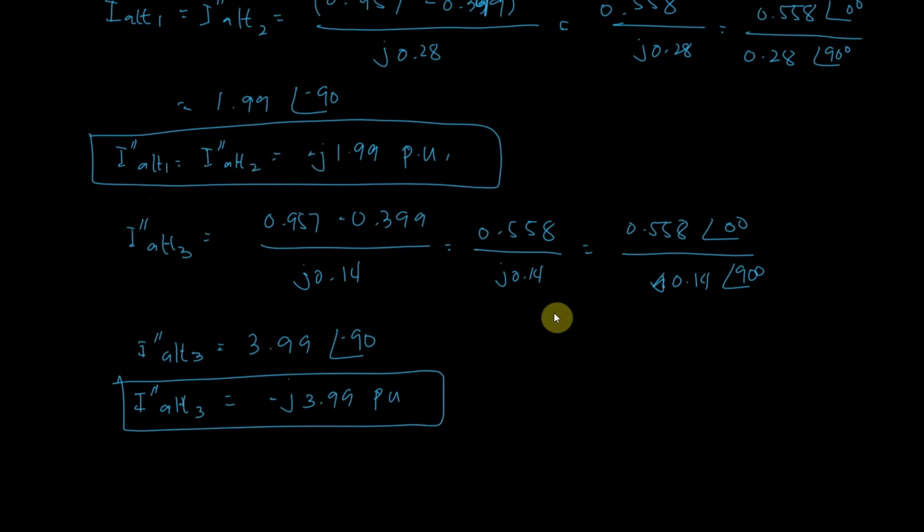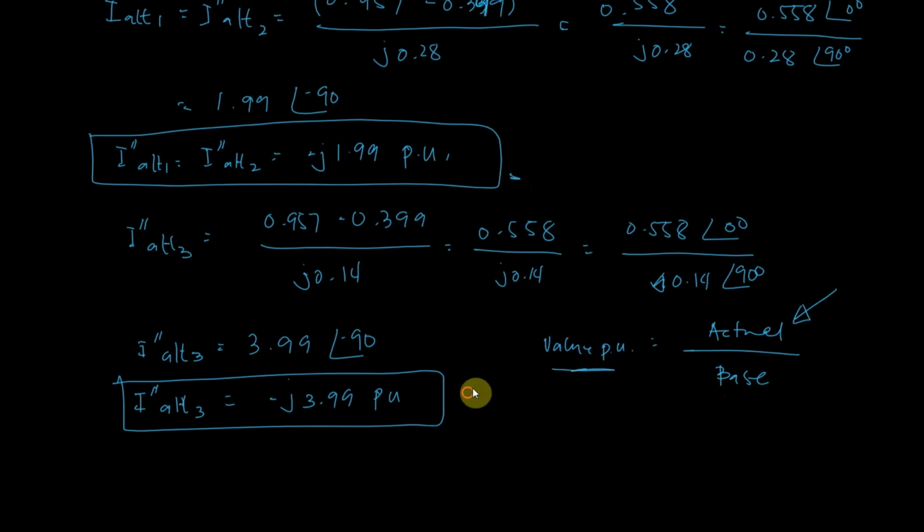So ngayon, meron na tayong mga per unit current sa ating alternator 1, alternator 2, and alternator 3. So pag ginamit naman natin yung formula na value per unit is equal to actual divided by base. Okay? So itong hinahanap natin yung actual short circuit current at sub-transient current sa ating mga alternator. So meron na tayong per unit, na-calculate na natin yan.